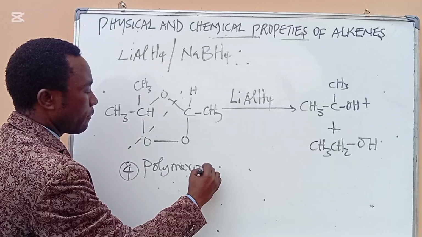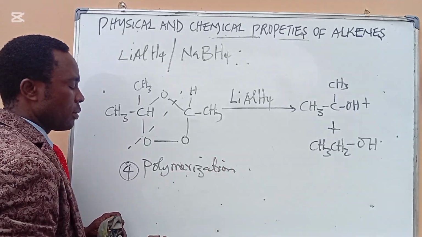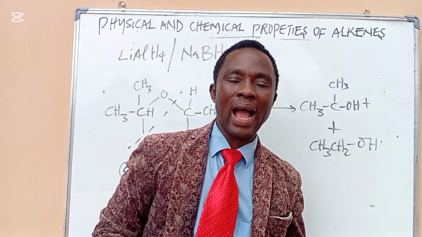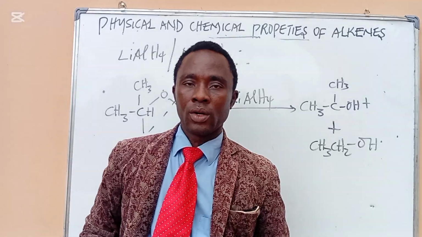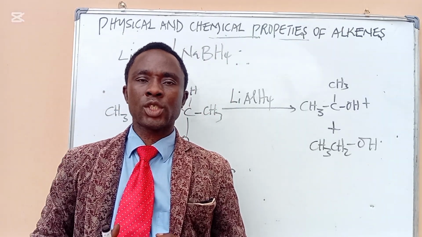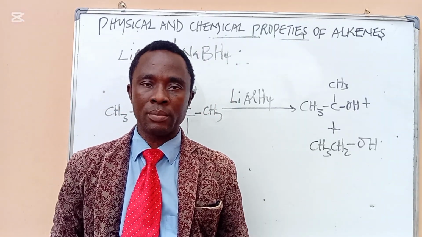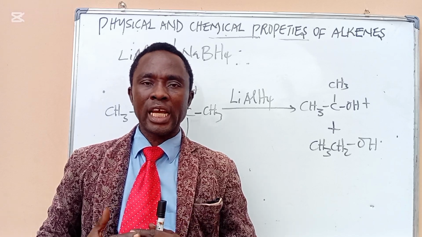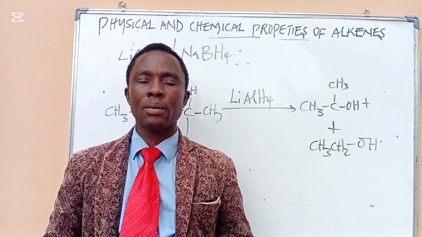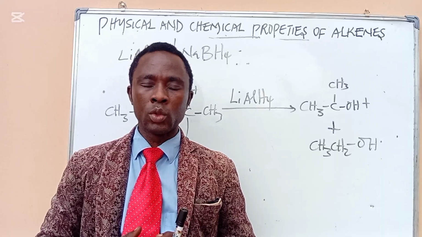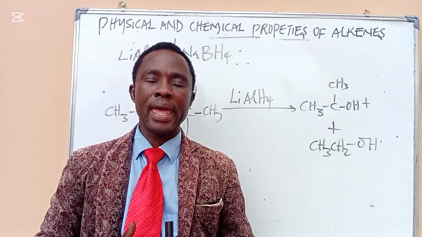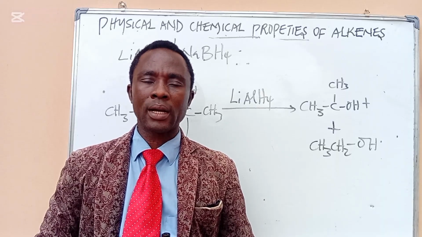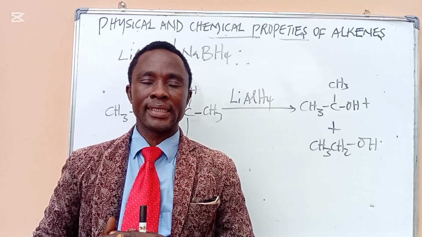Now, the final reaction of alkenes is polymerization. Polymerization of alkenes is a reaction of alkenes to give polymers. So a polymer is a giant molecule that is made up of smaller molecules, which we call monomers. For example, ethene can become a monomer to form polyethene.